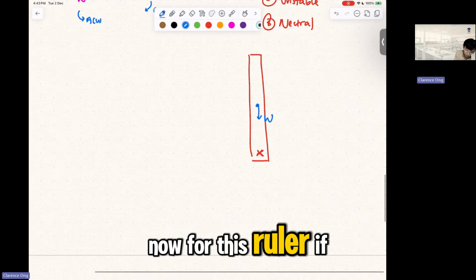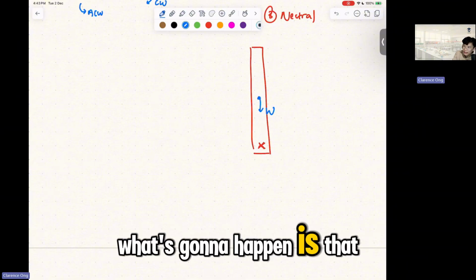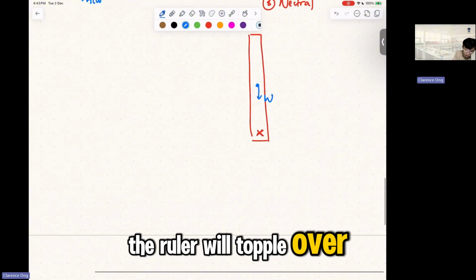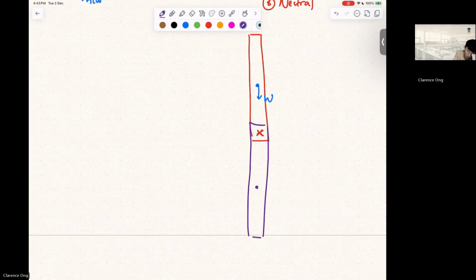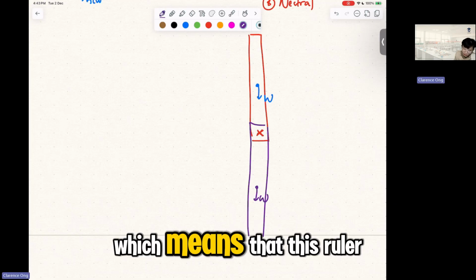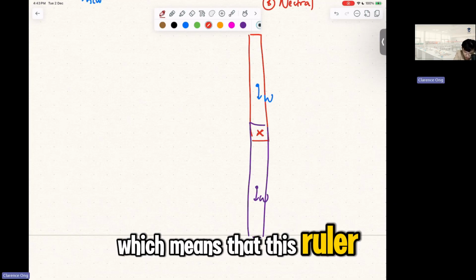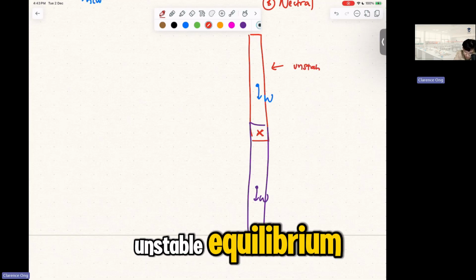Now for this ruler, if I displace it slightly, what's going to happen is that the ruler will topple over. So this whole ruler will fall over, and the center of gravity will move to a lower position.